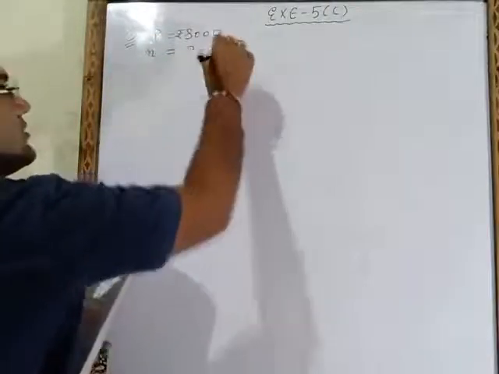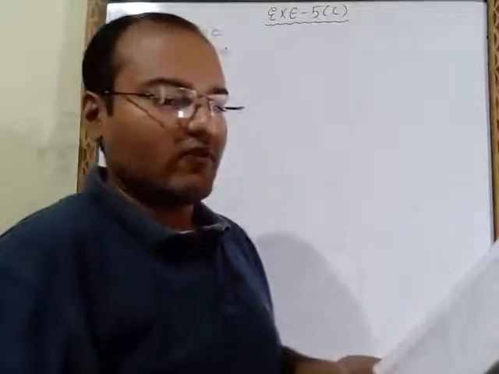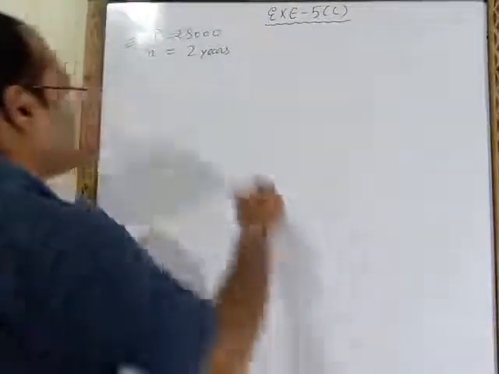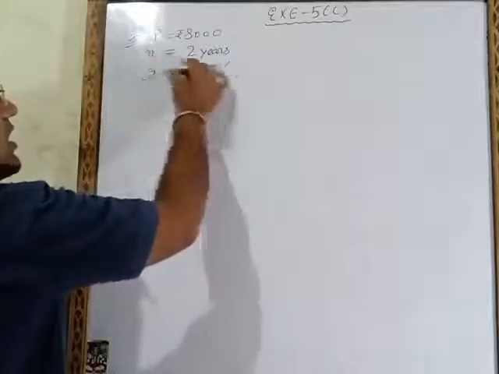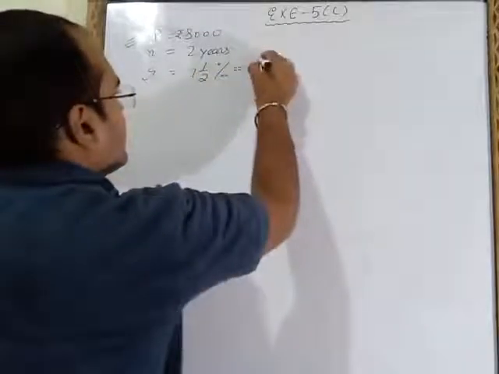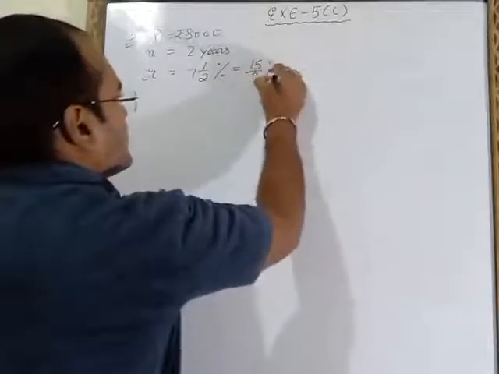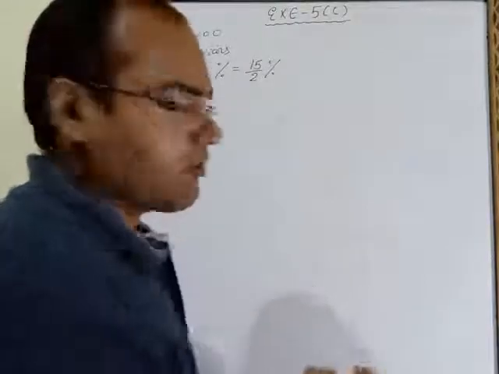How many? 2 years. So n value हो गई 2 years at 7 whole 1/2% per annum. 7 whole 1/2%, this is the value of R. On changing it into improper we will get 15/2%.